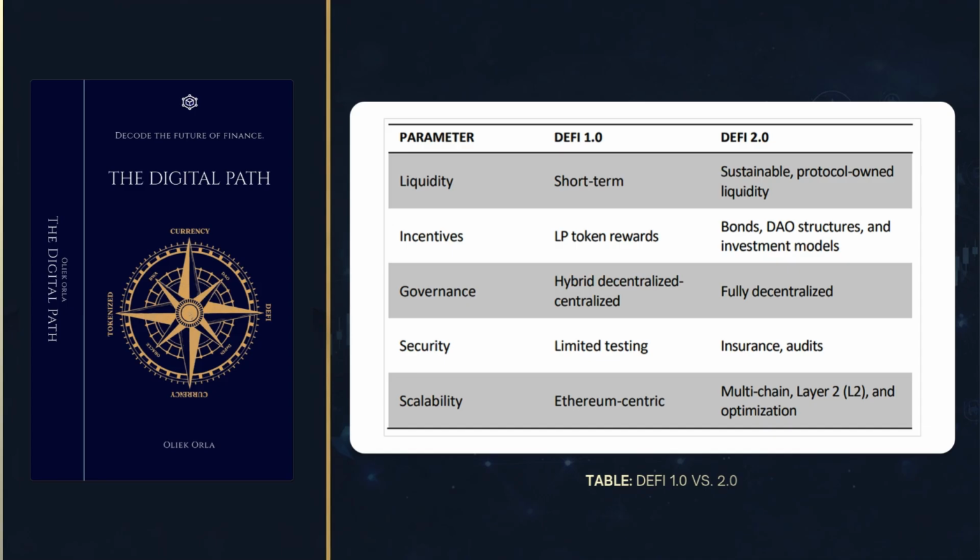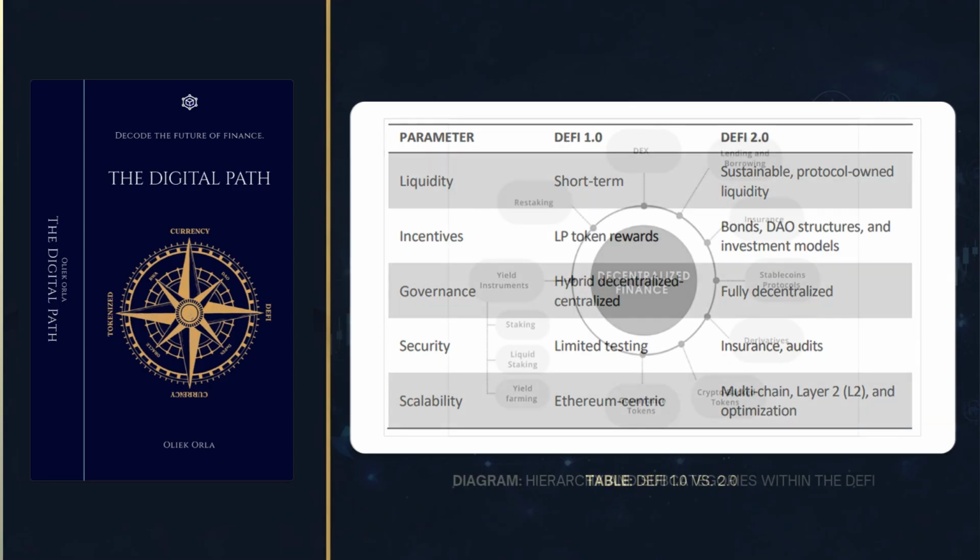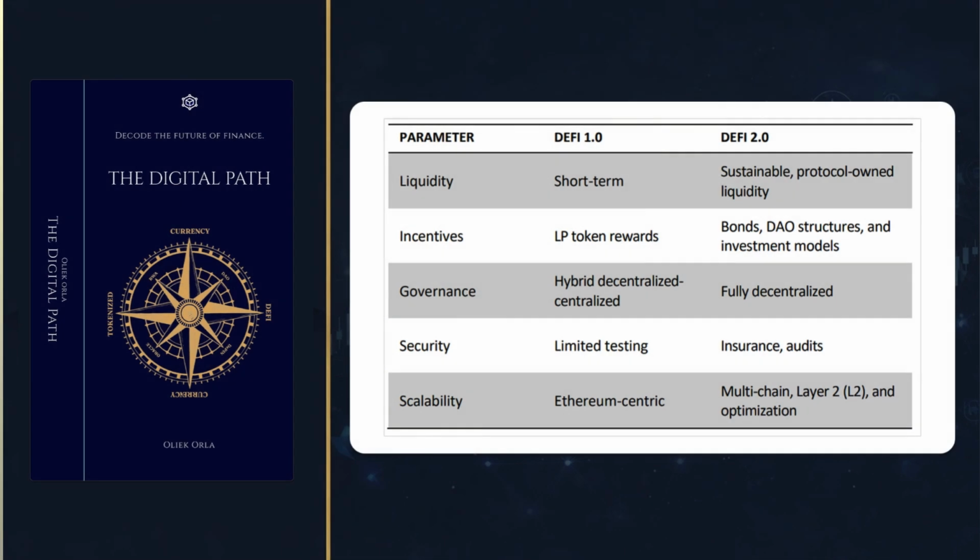One of the earliest examples is Olympus DAO, which pioneered an alternative to the classic liquidity model through a bond mechanism. Investors sell assets to the protocol's treasury in exchange for discounted tokens. This creates long-term incentives and reduces dependence on short-term rewards.